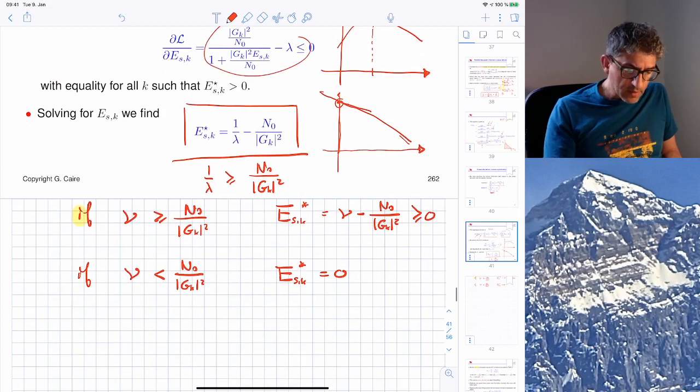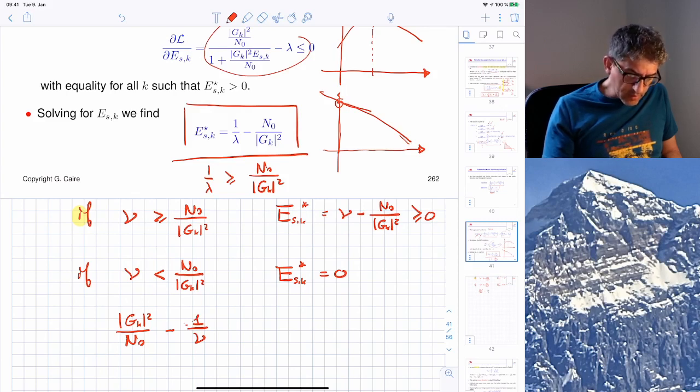If I replace E_k equal to 0 in here, this denominator becomes 1 because E_k is 0. So I find that the partial derivative is g_k squared divided by n0 minus lambda. Lambda is 1 over nu. And what is the sign of this?